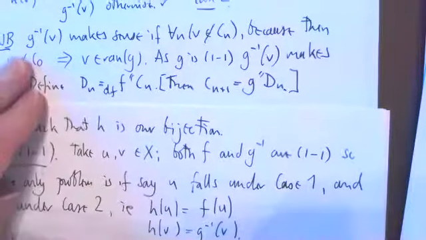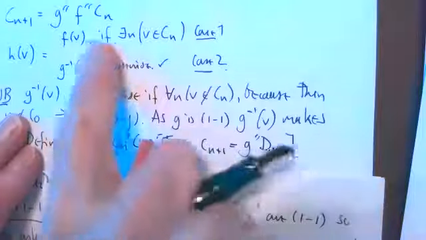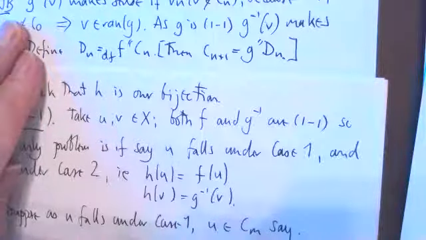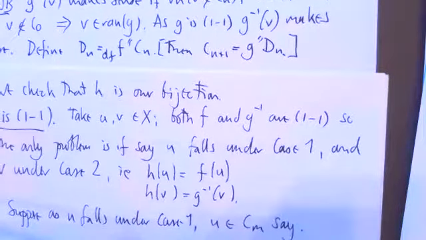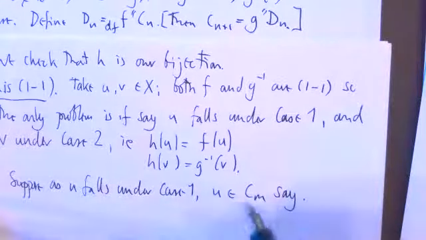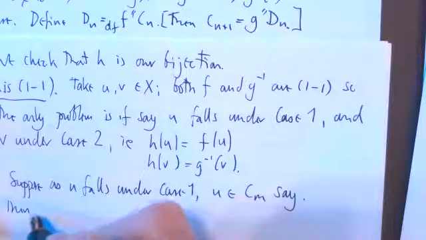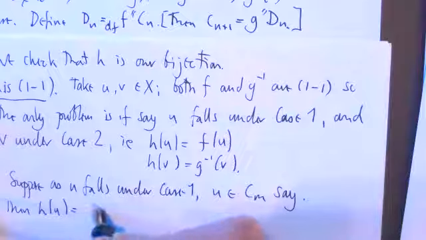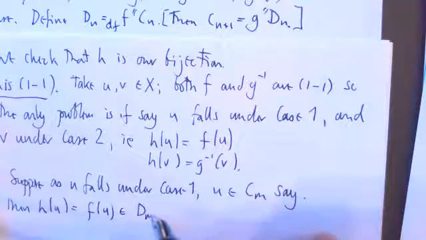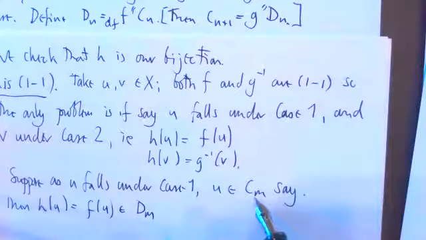To be in case 1 means the sum m such that u is in Cm. So let's pick that m there. Then h of u is f of u, and this is in Dm, which after all is the range of f on Cm. That's what Dm is here.